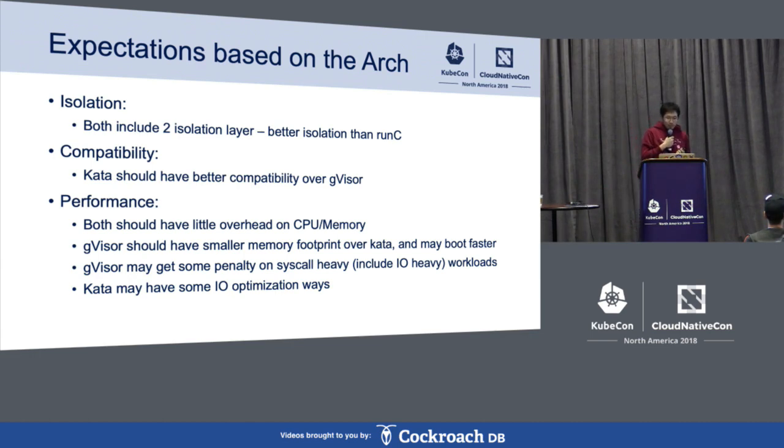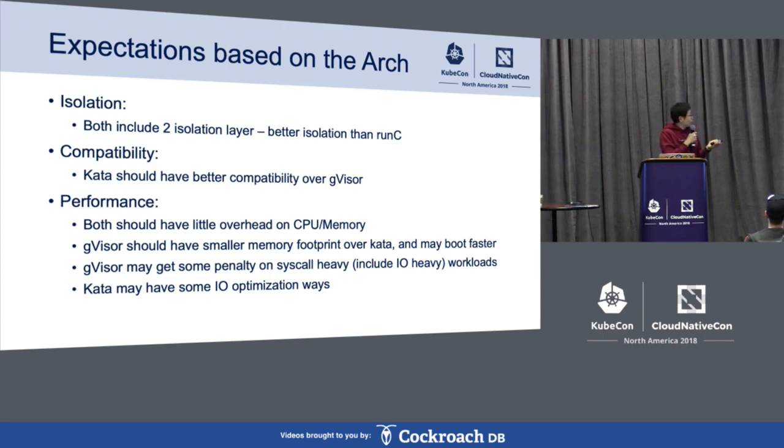And for the performance side, both should have very little overhead in CPU and memory, especially for the CPU part. The modern CPU will run very fast for virtualization, but for the I/O part, that may be different. And because gVisor is a microkernel written in Go, it's very, very small.